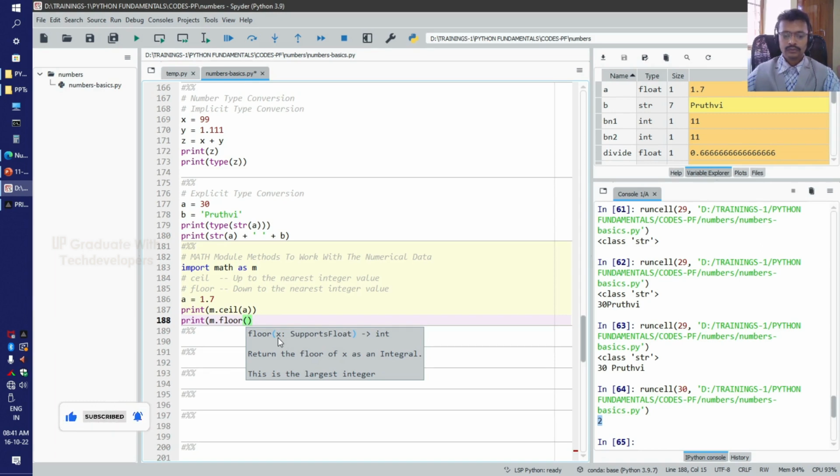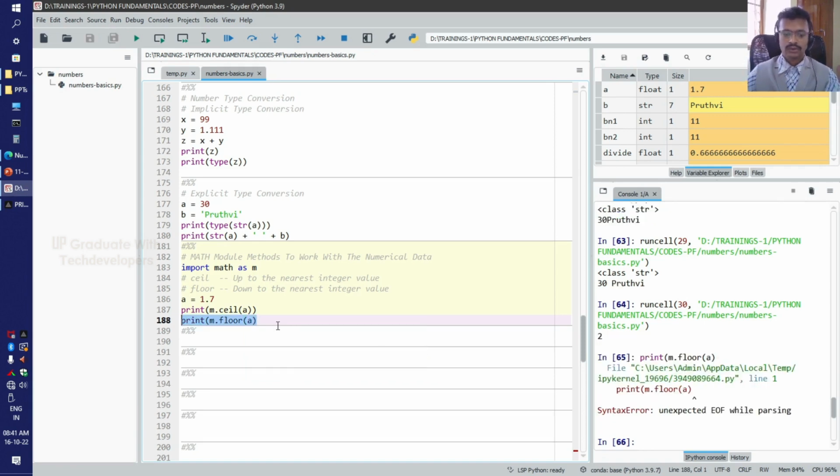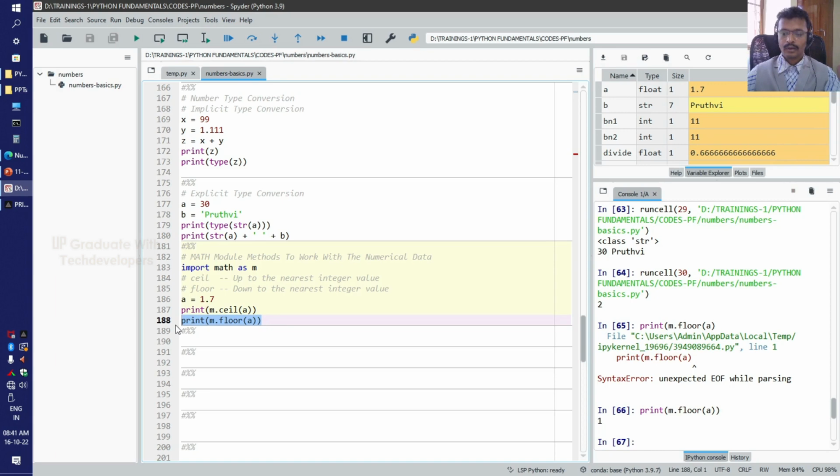So let us convert. Yes, we got 1, down to the nearest integer value. For 1.7, the nearest down value is 1.